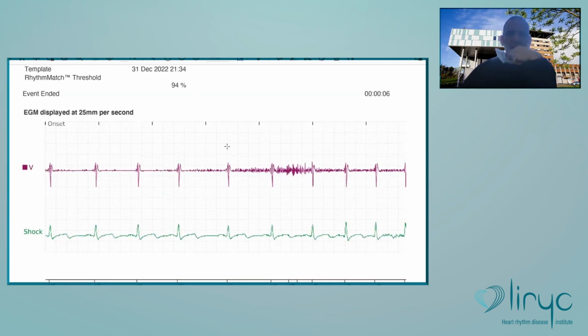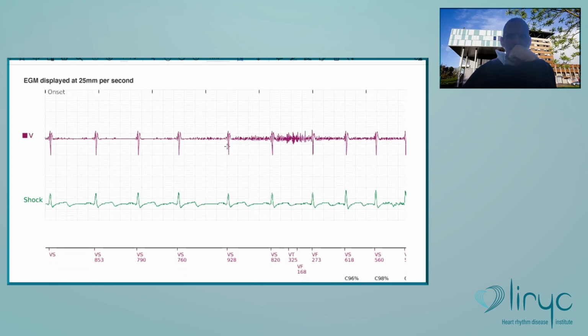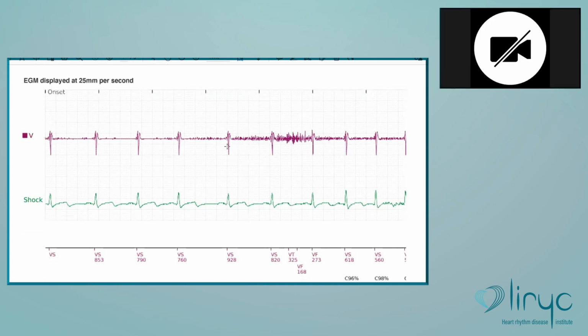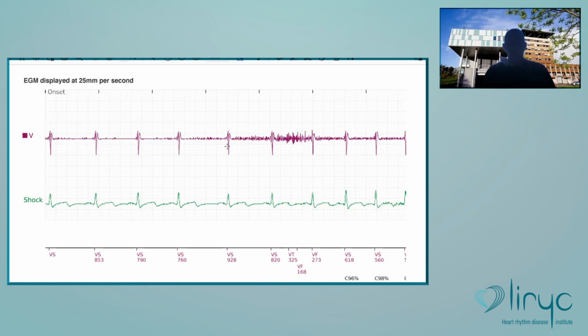This tracing here is probably diaphragmatic myopotentials. Exactly, this is exactly the same. Probably myopotentials. So quite low amplitude signals, very fast, saturating the baseline, you see, and with some evolution, a small increase and then a decrease in the amplitudes.